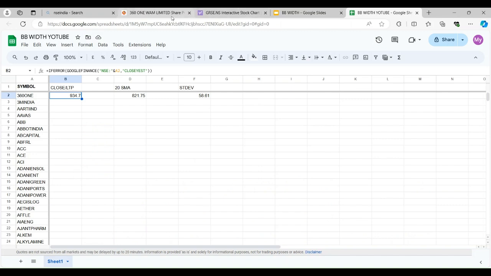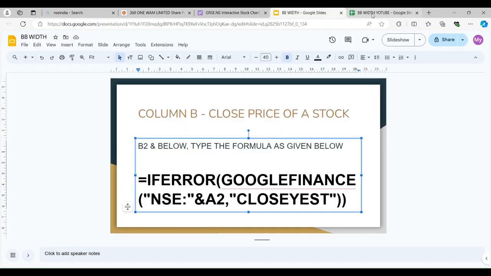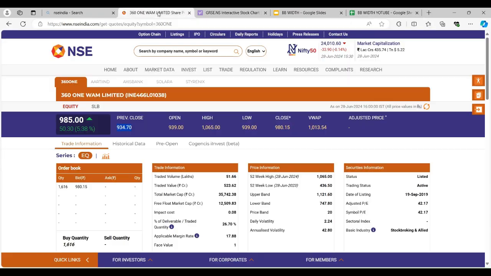So if you ask me when you put close yesterday in the formula, when this will be updated: this will be updated on Monday morning, because this is Friday close price and this is Thursday close price. When I'm recording this on Sunday, instead of retrieving the close price of Friday, it is retrieving the close price of the previous day, that is Thursday.